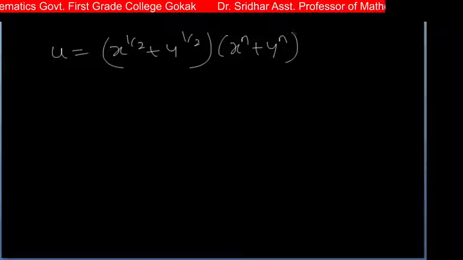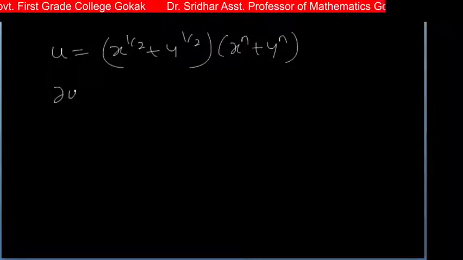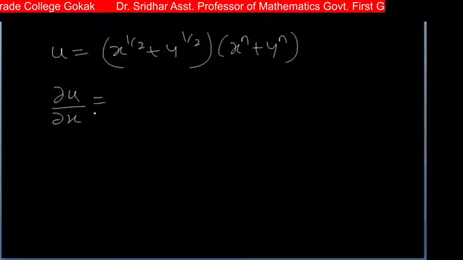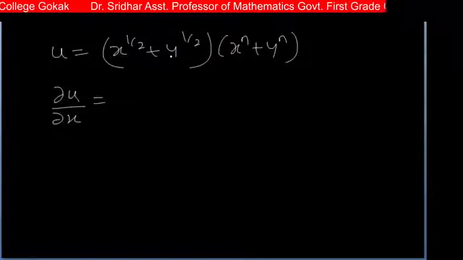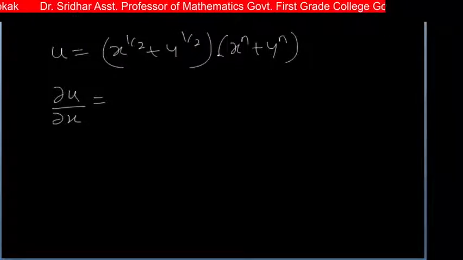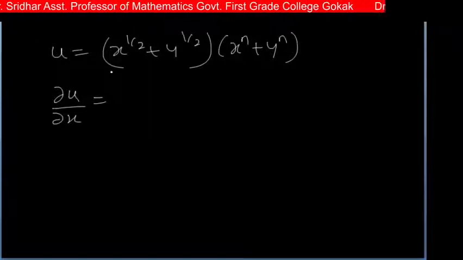Okay, so now we determine dou u by dou x. Differentiating with respect to x partially, keeping y as constant. Observe that in both the terms x is present, so we need to apply the product rule.